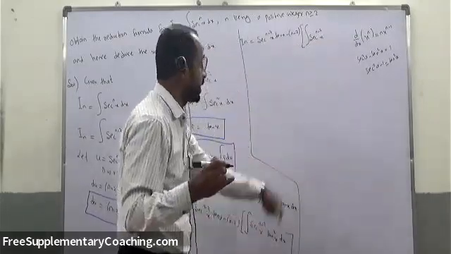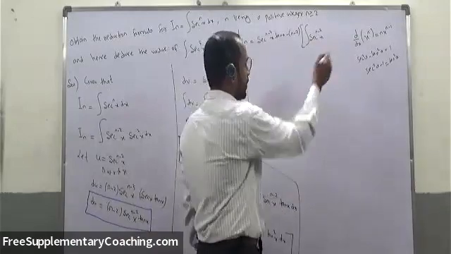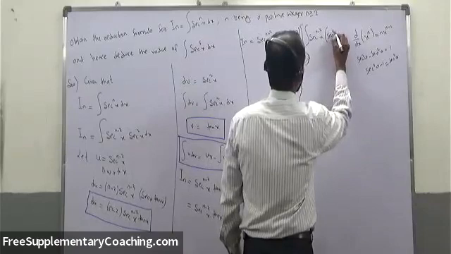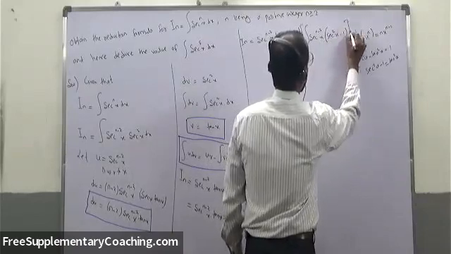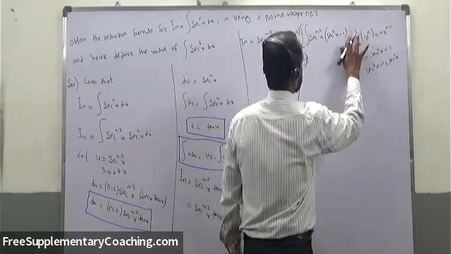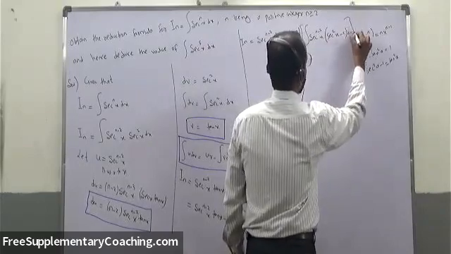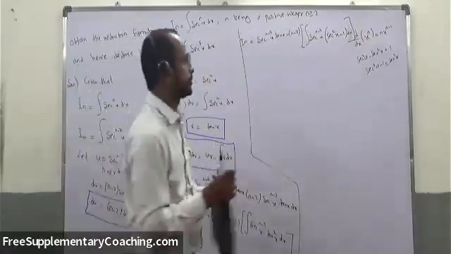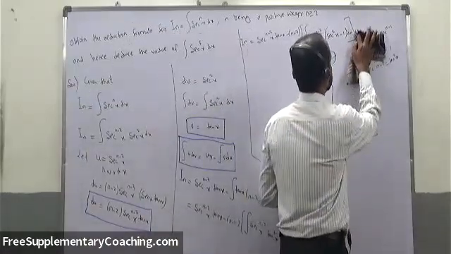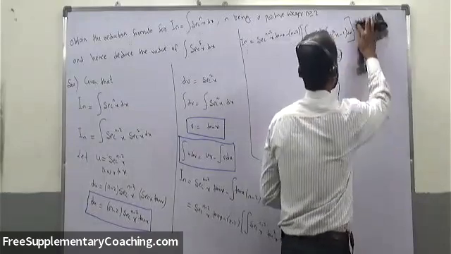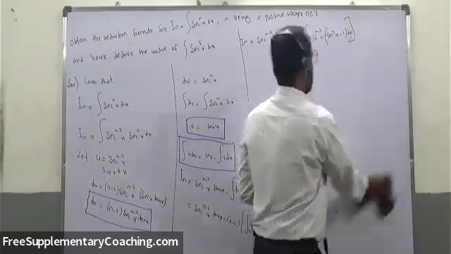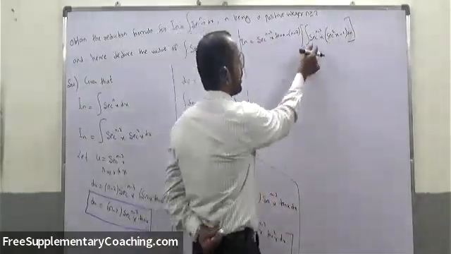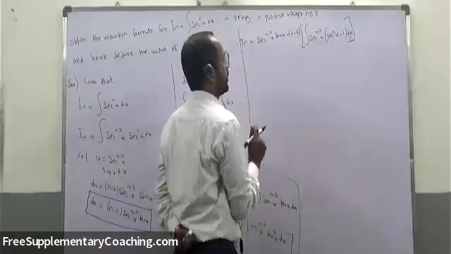This tan square x I can write as secant square x minus 1 into dx, close the bracket. Okay. So now just simplifying, taking this term inside, let's see what we are getting.